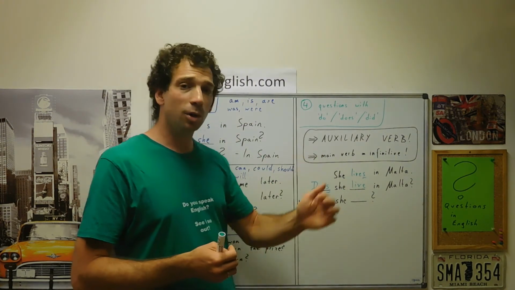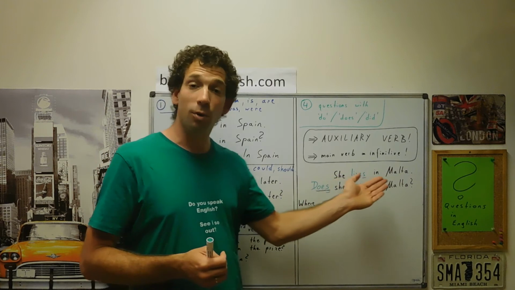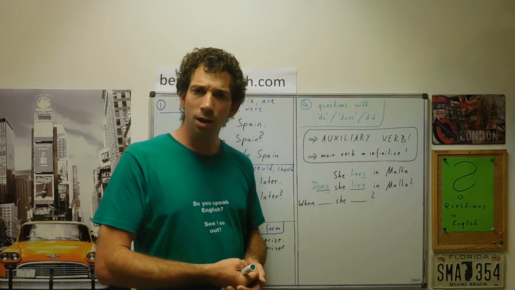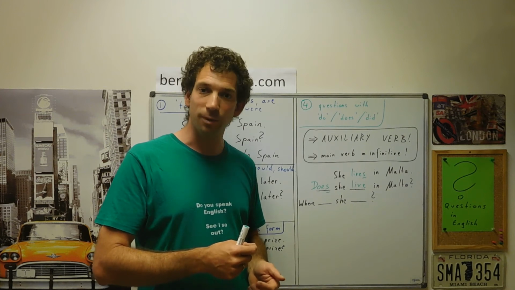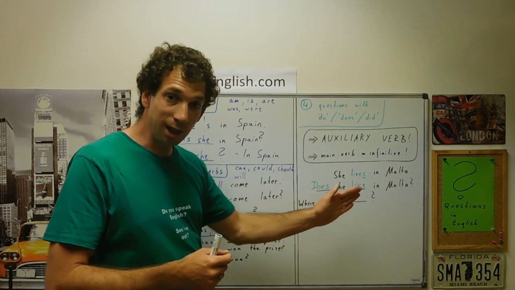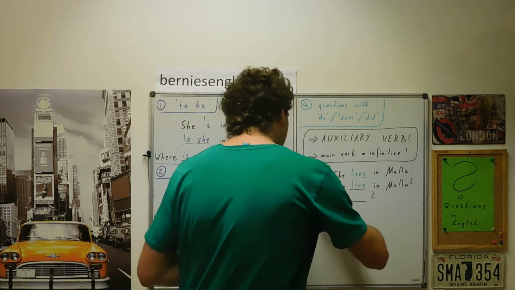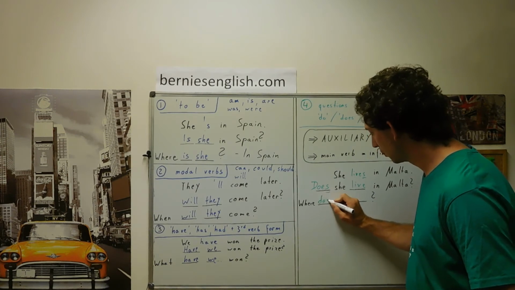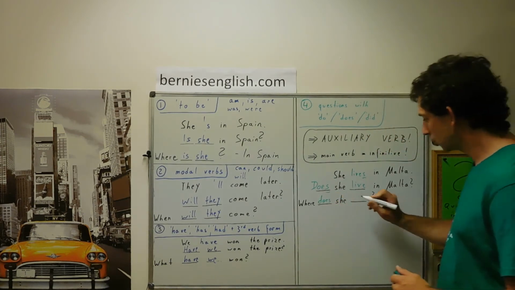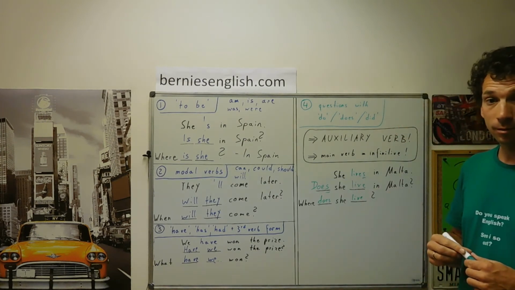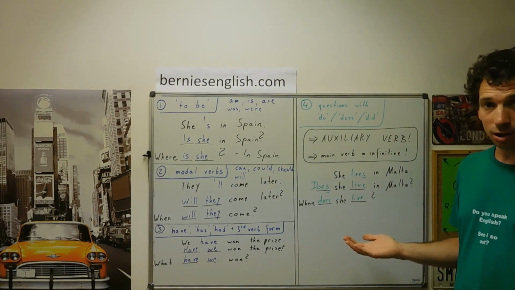So, she lives in Malta. Does she live in Malta? And if we want to know more, if we're asking for specific information, we could ask, where does she live? Where does she live? Pretty easy, actually.